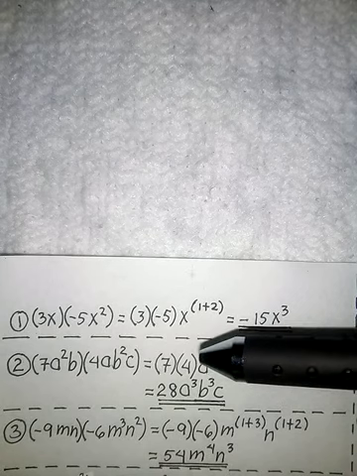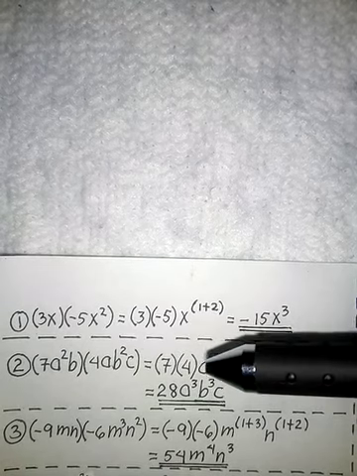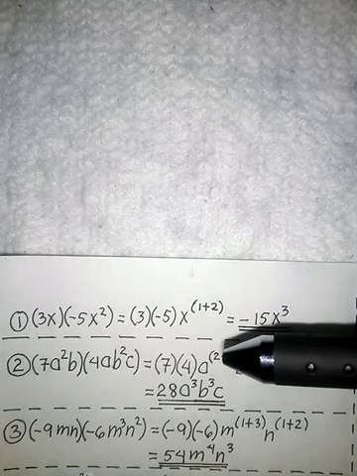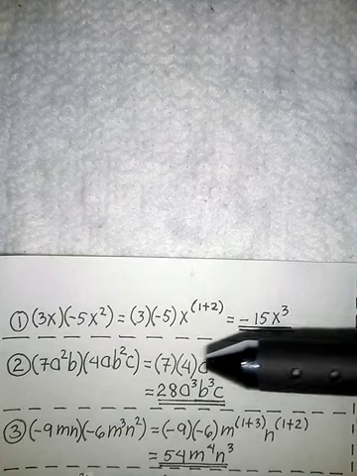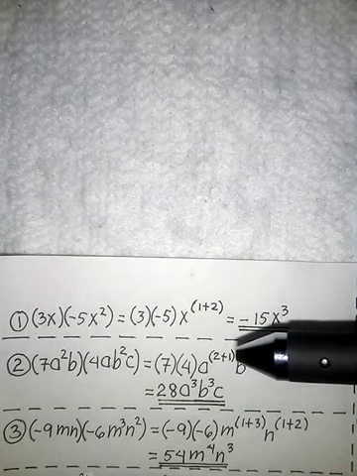Number 2, we have 7a squared b multiplied by 4ab squared c. Again, multiply their coefficients. 7 times 4 is equal to 28. And then we have a squared and a. The exponent for a is 2 and then 1, since without any exponent means 1.